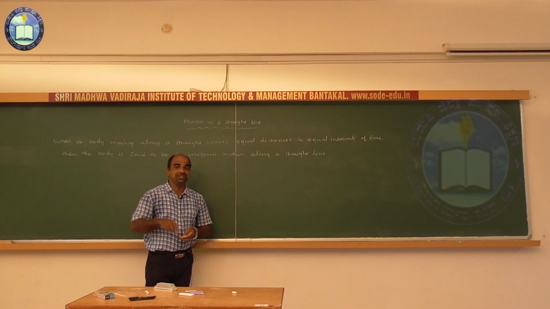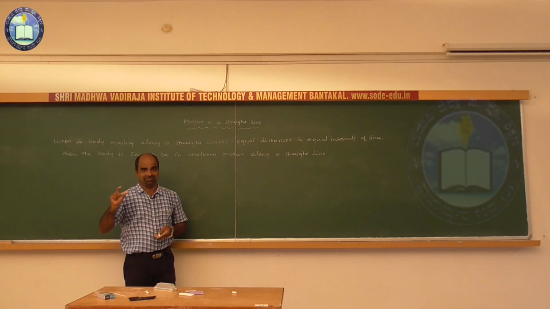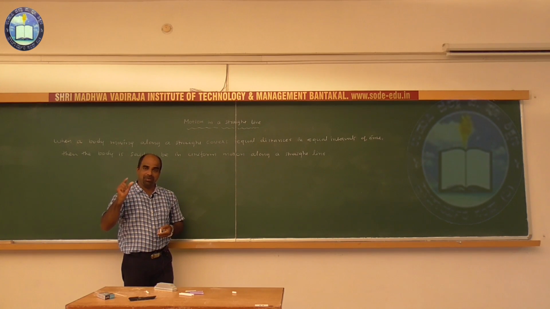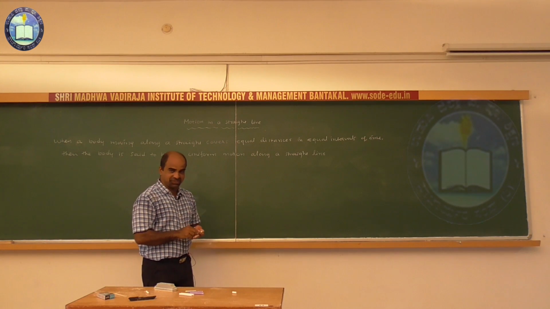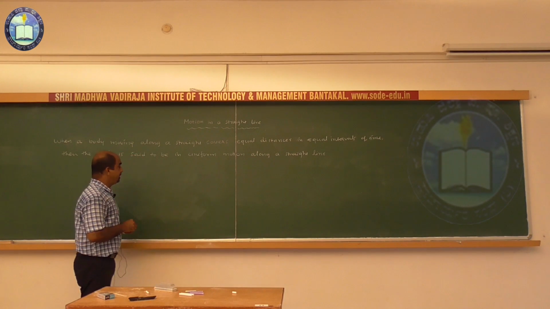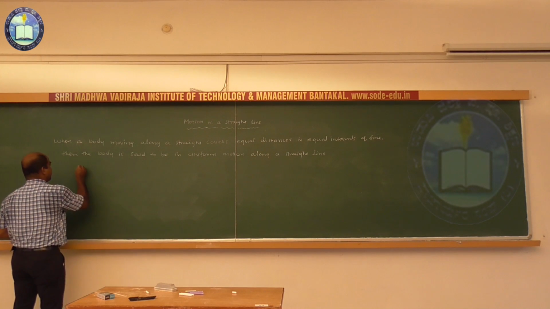Then the speed of the body is said to be non-uniform. When the speed of the body is non-uniform, the motion of the body is described in terms of average speed. My next topic today is average speed.